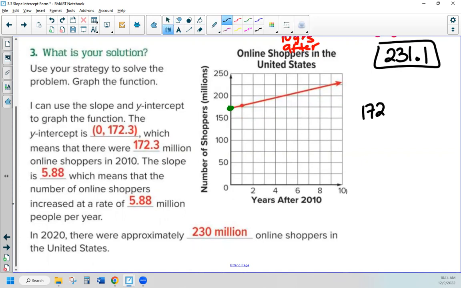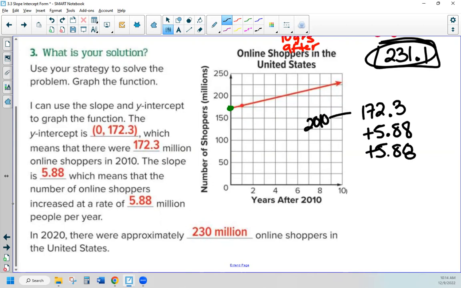So if we follow that pattern, if we start at 172, for those of you that are like, what? How did we get to this number right here? Well, we started here, and the story is telling us that it's going up this much every year. This right here is 2010, and then in 2011, that happened. In 2012, this happened. It keeps going up. So think about what we're going to do.